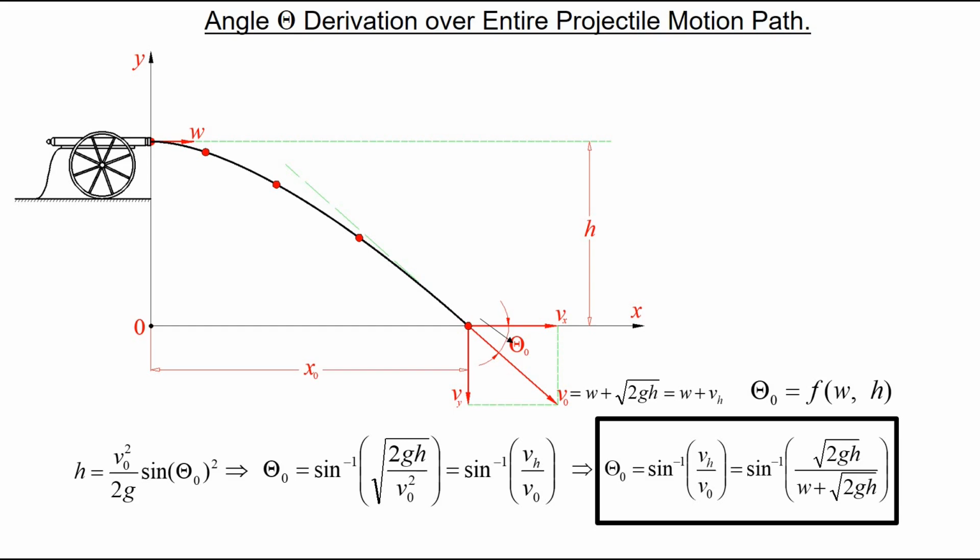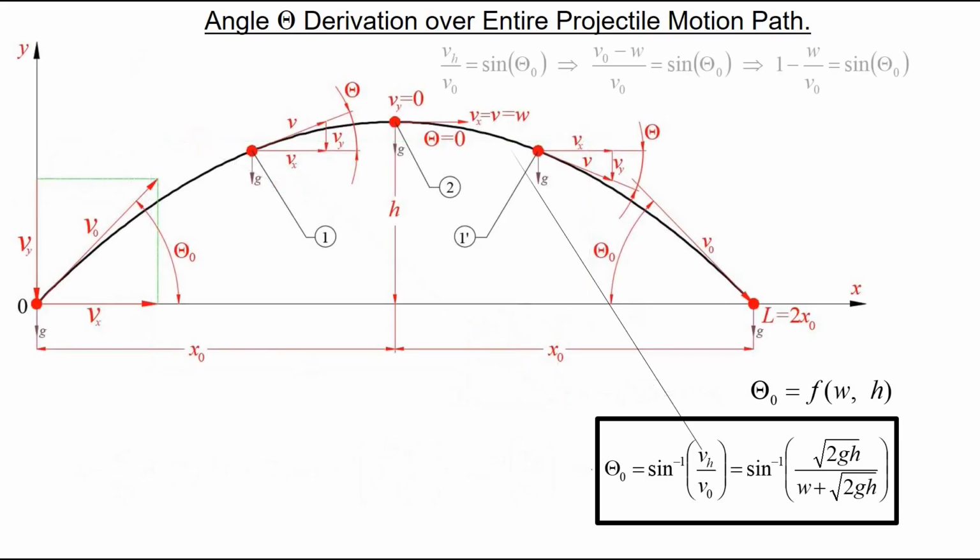The inverse arcsine function we convert into sine function. Additionally, we expand velocity vh, which is the composite velocity of two terms.